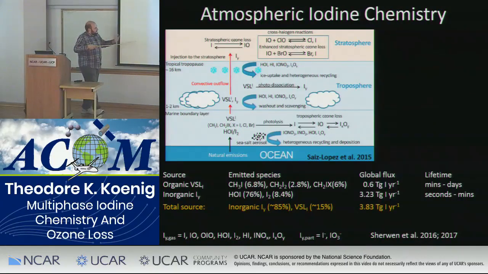So this is an overview of what iodine does in the atmosphere. Without getting into too much of the detail, here we have sea salt aerosol and other emissions from the ocean surface. And in some contrast to chlorine and bromine, we actually have quite a large source of inorganic iodine from the ocean surface.